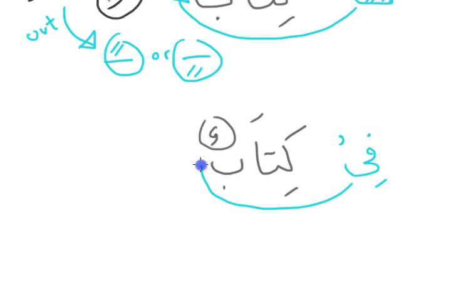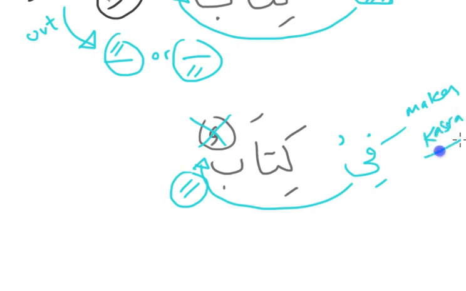It causes the vowel on the end of kitab to become two kasras. It makes the vowel at the end of the word a kasra.